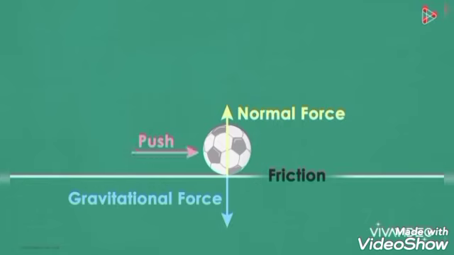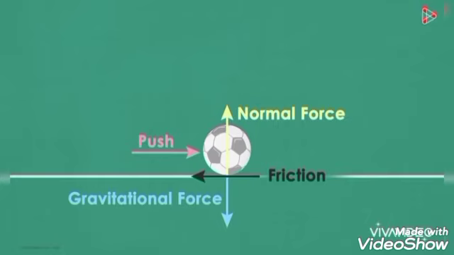But when we apply the force on the ball less than the frictional force of the ground, then what will happen? Then the ball moves or not? Then the ball did not move. Okay. Here the ball cannot move if the applied force is less than the frictional force.